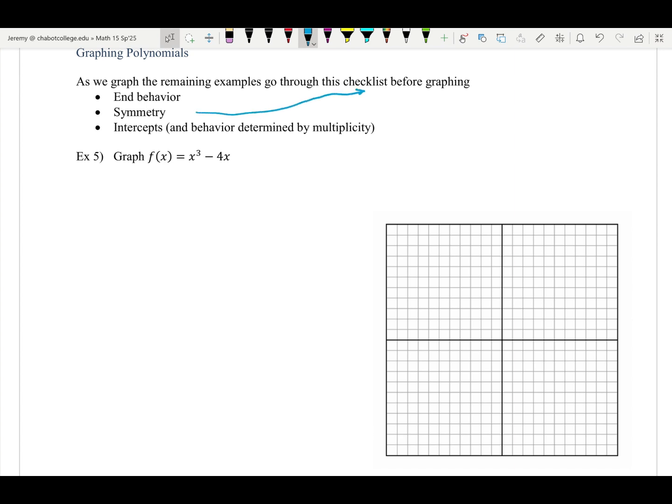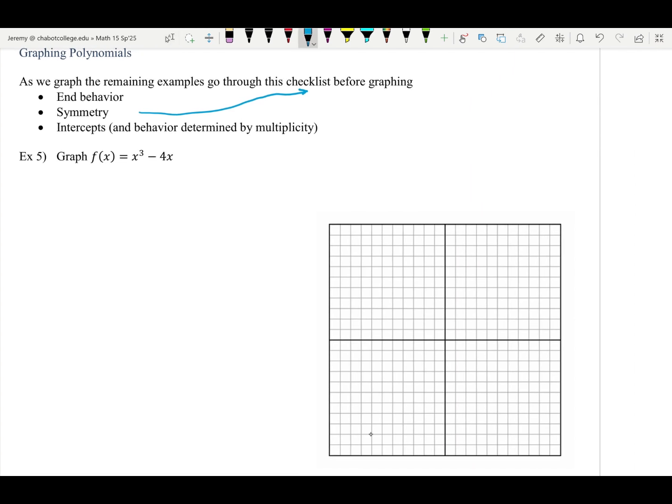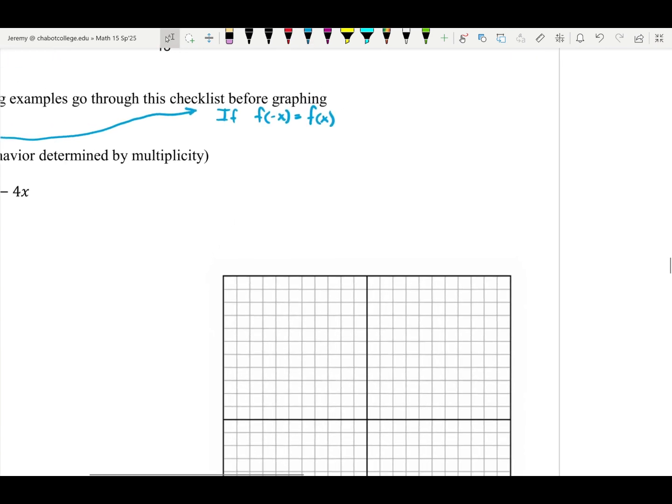about even and odd functions. Not to be confused with even degree and odd degree. Here are the definitions for even and odd functions. If f of negative x equals f of x, meaning we plug negative x into some function f and all the negatives cancel out and the function is unchanged, then f is even, so it's an even function.